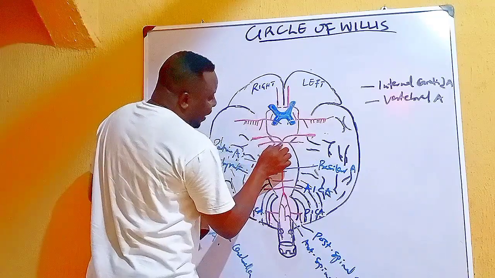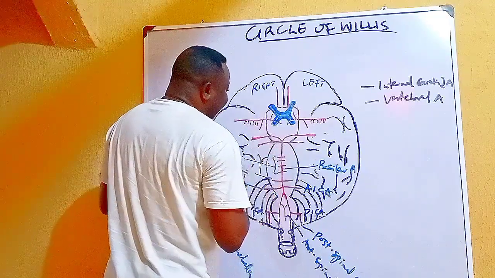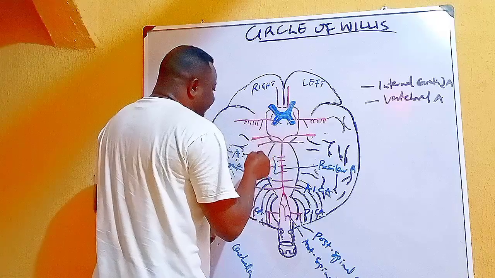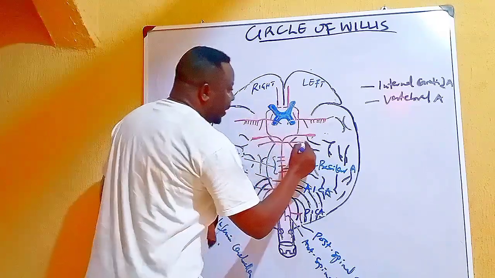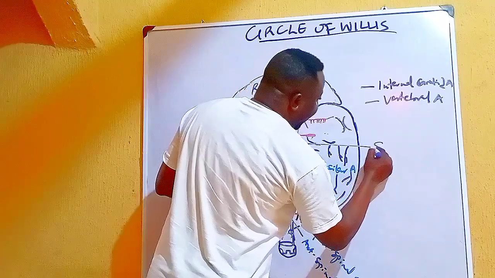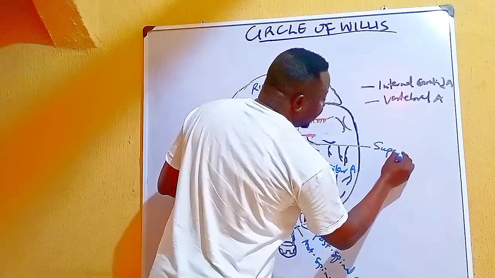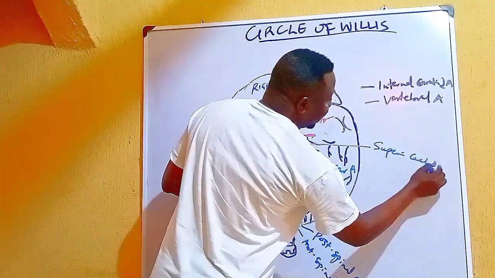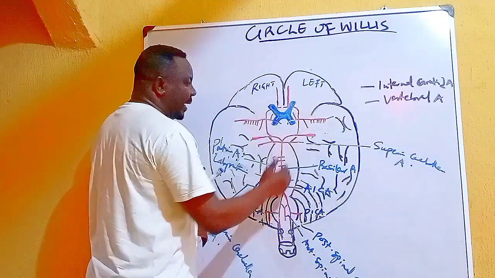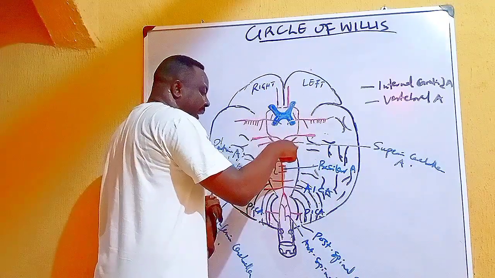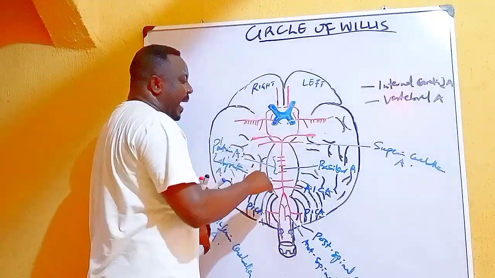Now, we have another branch of the basilar artery that is known as the superior cerebellar artery. So we normally have two sets of cerebellar arteries: the superior cerebellar artery and the inferior cerebellar artery.